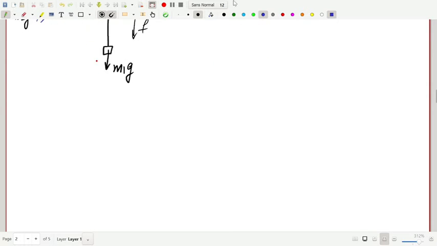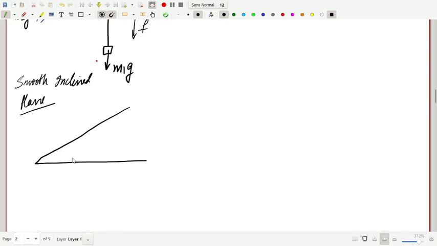Now on a smooth inclined plane, this is inclined plane at an angle alpha. Here is the mass M. Here we don't have any pulley.